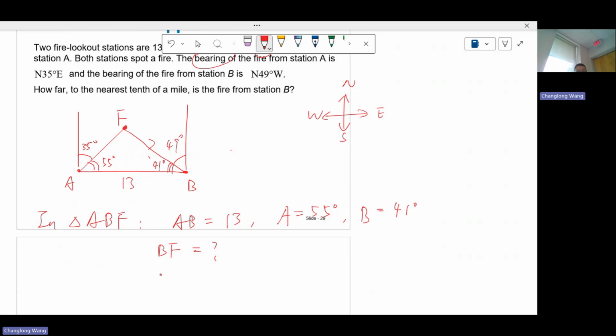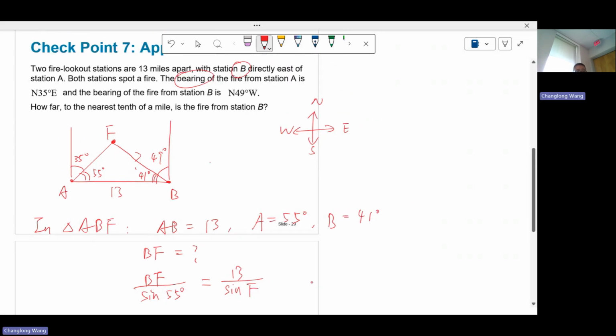Let's put BF over sine of that angle, which is 55 degrees. It better be another side: we do know 13. 13 over sine of an angle, let's call it F. But we don't know the angle F, at least not directly.